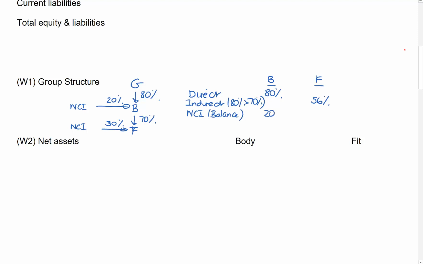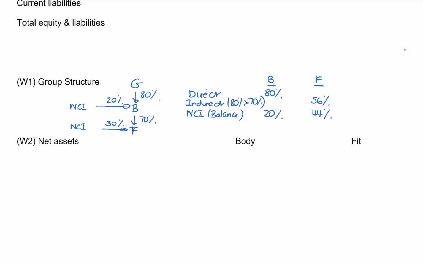The NCI has 20% of Body's profits and 44% of Fit's profits. Get that wrong and we've got a problem. It makes it very difficult for the markers to deal with those calculations.